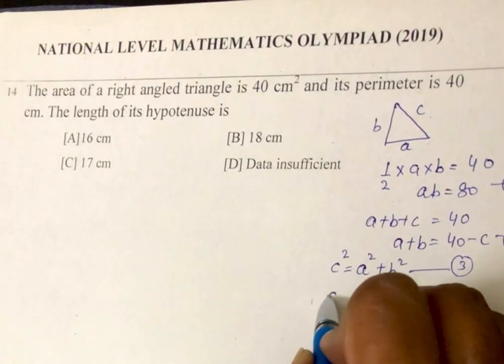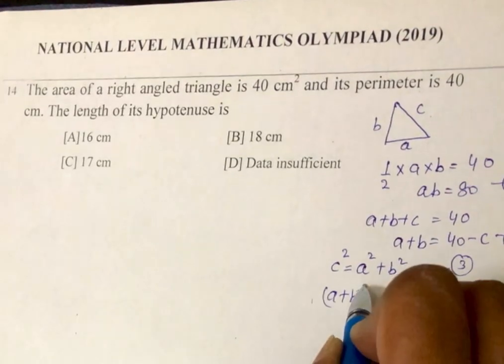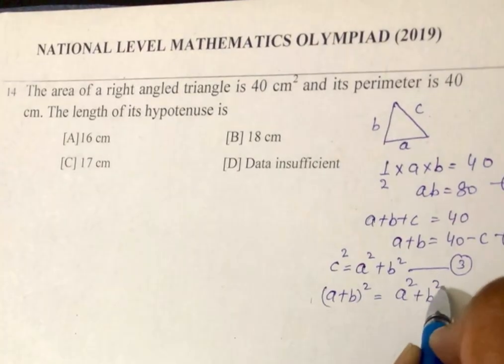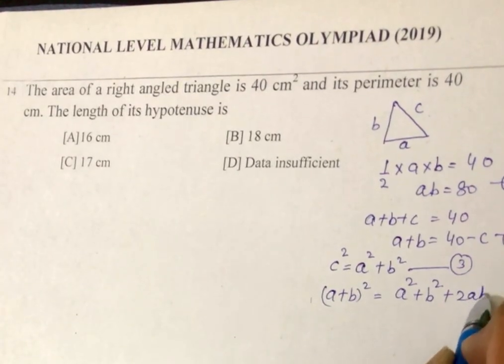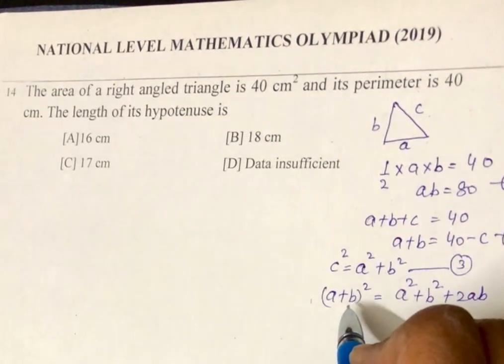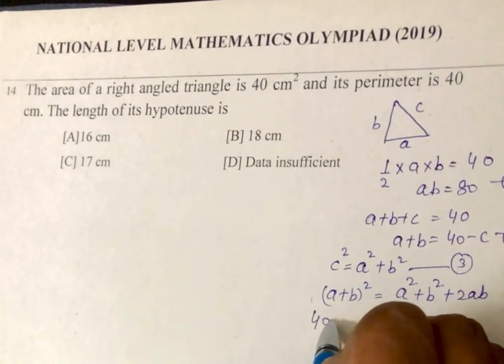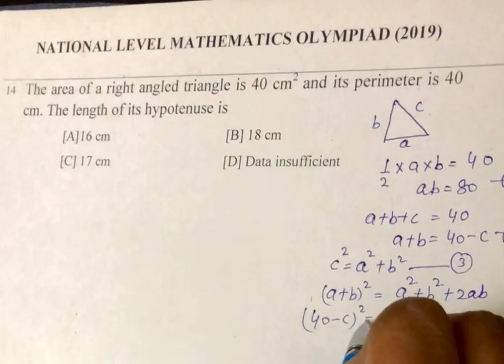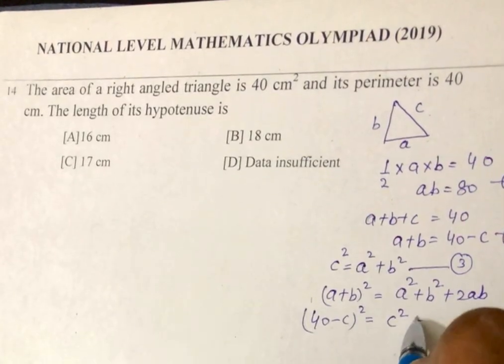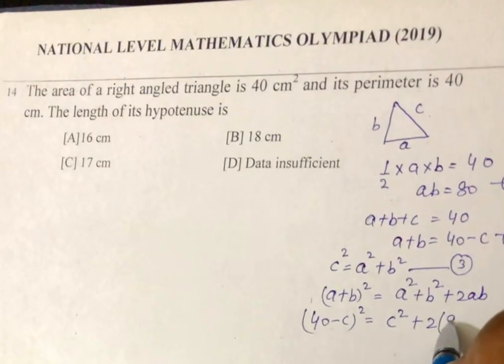We have another formula, a plus b whole square is equal to a square plus b square plus 2ab. So putting the value a plus b is equal to 40 minus c, we put 40 minus c whole square is equal to a square plus b square, which is equal to c square, plus 2ab, and ab is equal to 80.